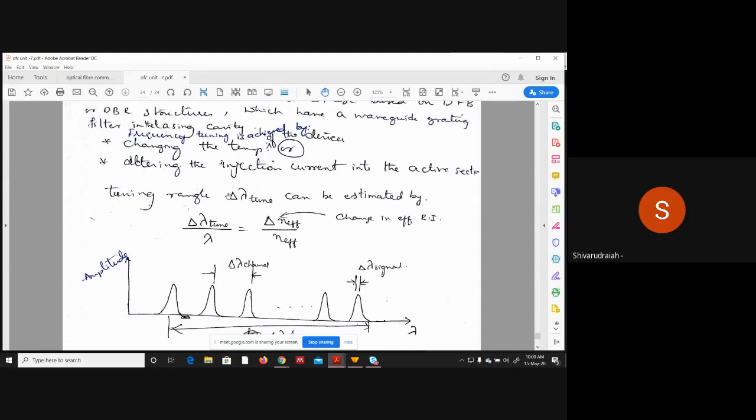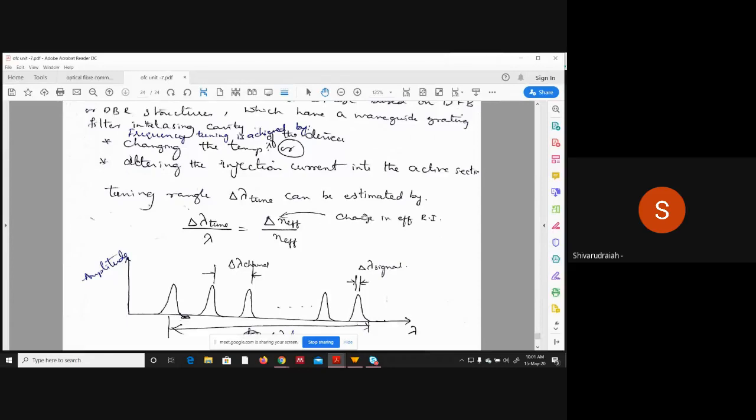That is called the tuning range, represented as delta lambda tune. Mathematically, it is expressed here as delta lambda tune being dependent on the effective refractive index. Delta n effective stands for the change in the effective refractive index. Since the laser source is also made up of a semiconductor material, and we basically use glass as a raw material, we obviously know there will be a change in the refractive index if the doping is changed.